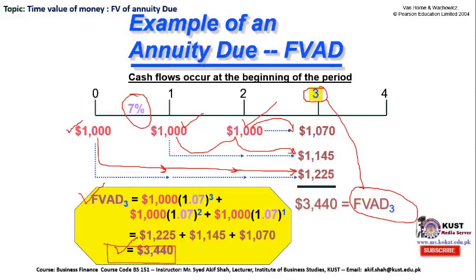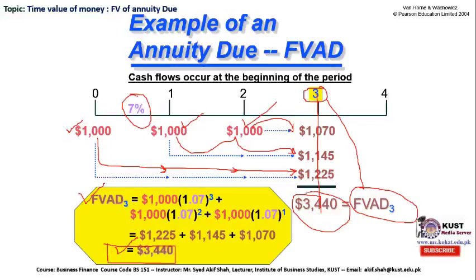So it means that if you are going to invest your money $1,000 each, one period apart from each other, and it is the annuity due investment opportunity which provides you 7% compound annual interest rate, then at the end of 3 years, which is over here, you will have $3,440 in your bank account.